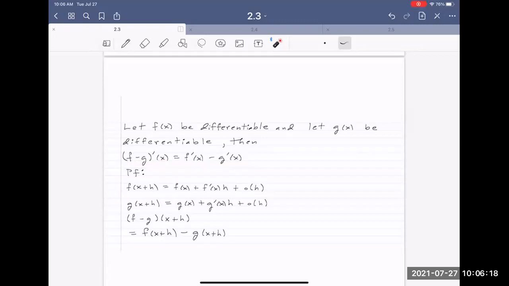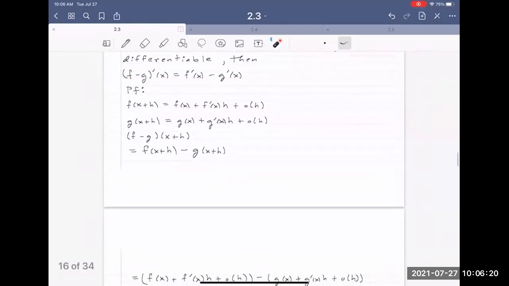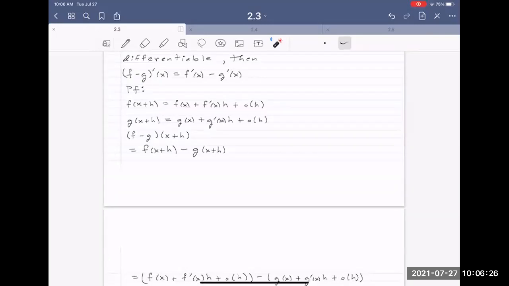Okay, so let's do this. Well, when we showed the sum rule, I used the difference quotient. So the proof would be the same. So I'm going to give you the proof involving this definition from Loomis-Steinberg.